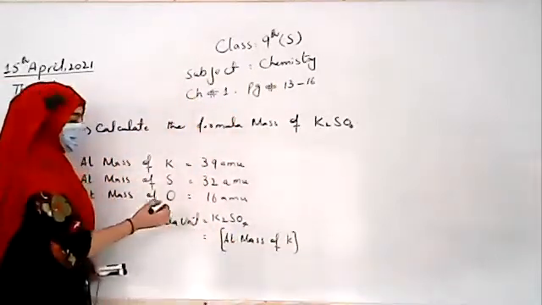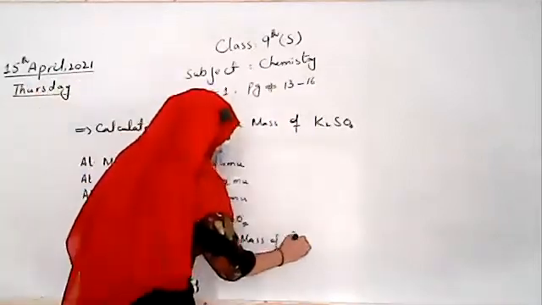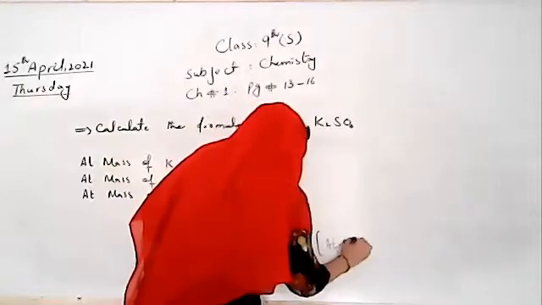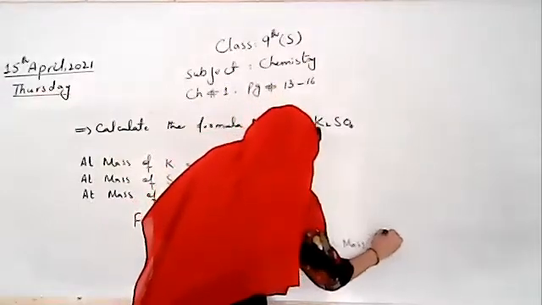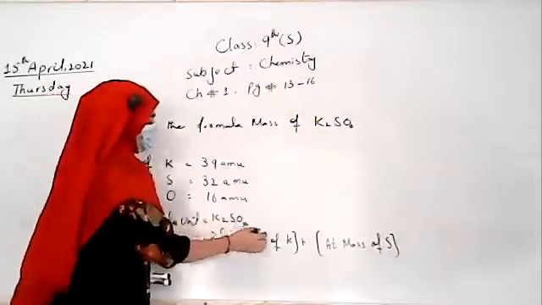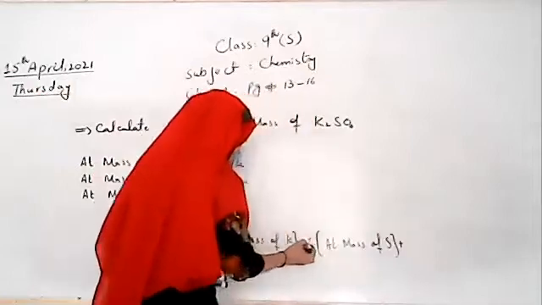How many potassium atoms are used here? 2, so we put 2 plus the atomic mass of sulfur. How many sulfurs are used here? Only 1, so we put 1 plus.